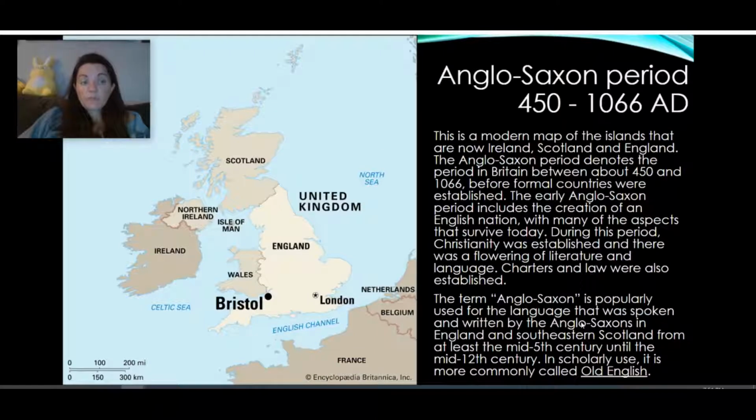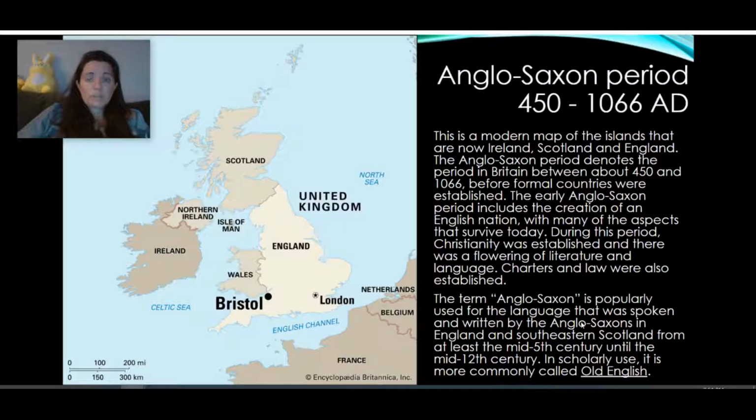This is also when literature started to be established. The Anglo-Saxon people, for the most part, could not read and write. Like I mentioned before, it was the monks and the people who were quite wealthy who would have been literate. And most of the time, if they were literate, they were able to read and write in Latin.